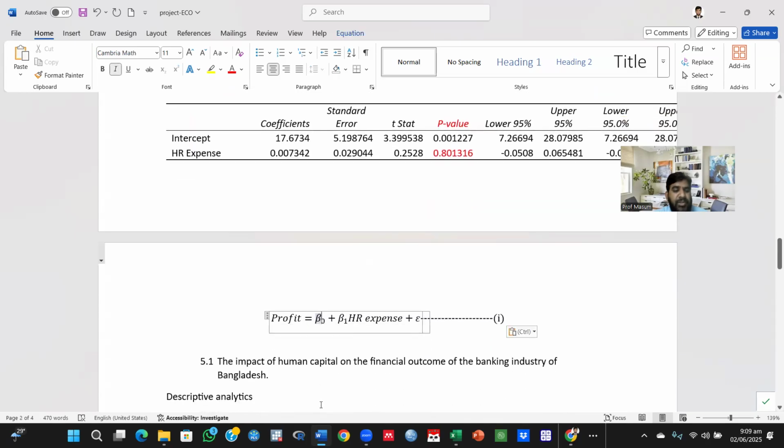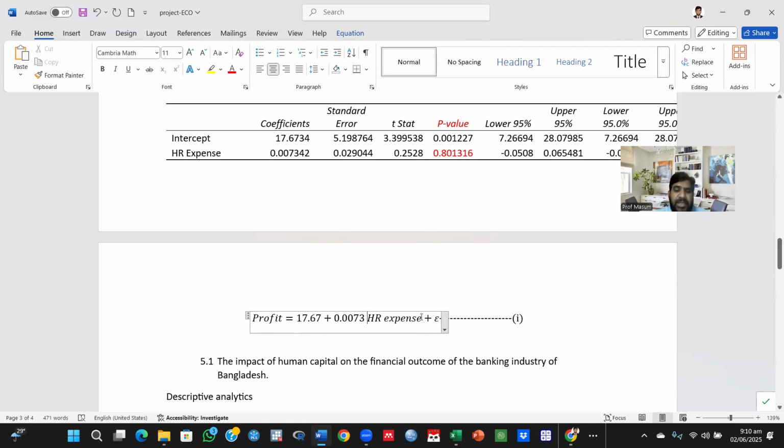Here B0, or beta naught, is 17.67, so you will replace this figure with 17.67, and B1, the HR expense factor coefficient, is 0.0073, times HR expense.